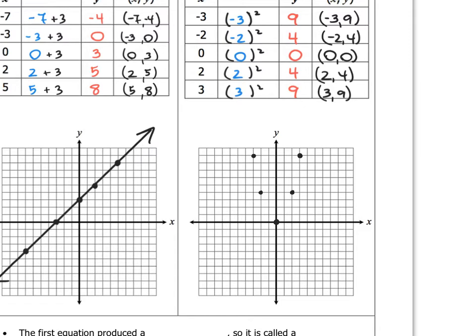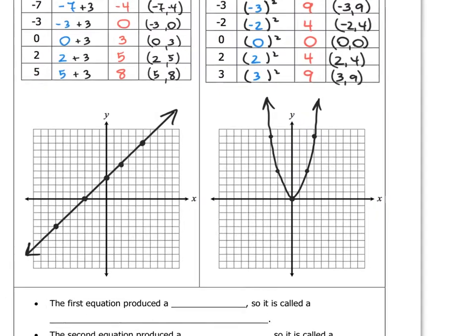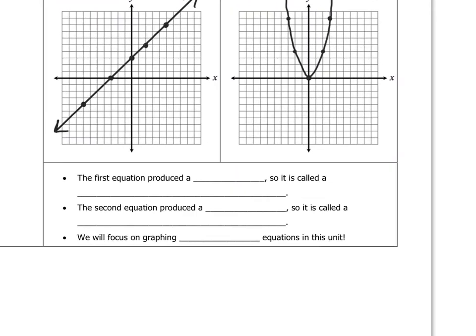You'll notice that this graph does not form a line. It in fact forms a curve. It's sort of a U shape. So I'm going to connect those points as a smooth curve, just like this. Now let's talk about those two graphs. The first equation, the one on the left, produced a line.